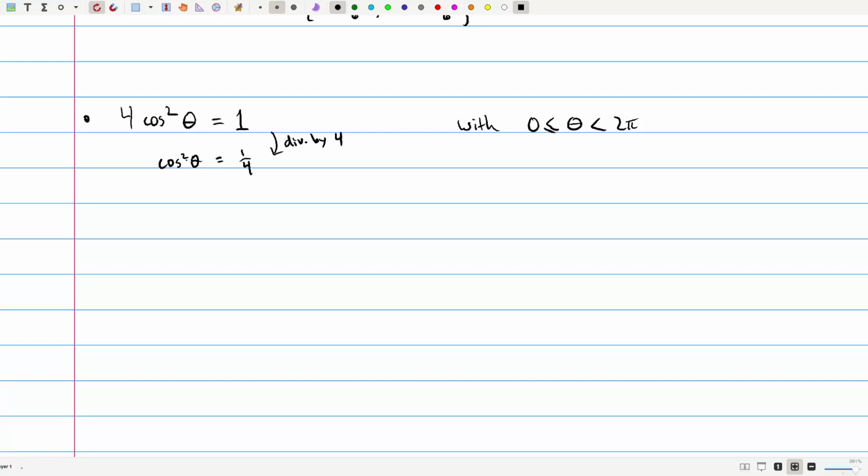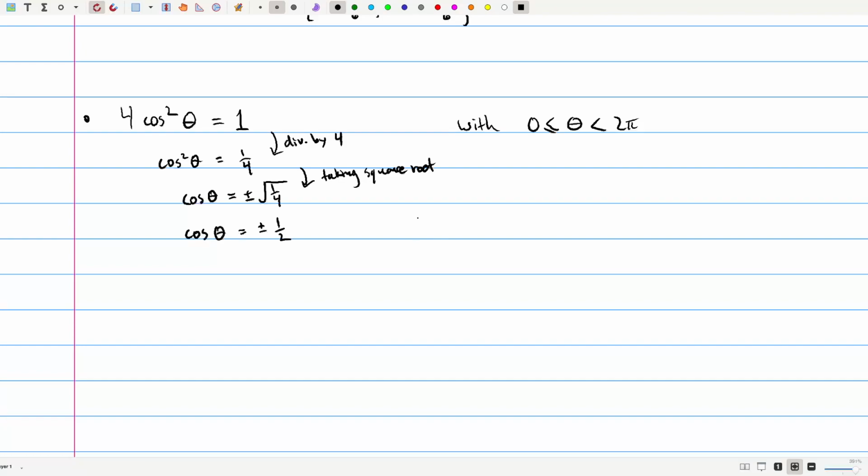And then this is cosine squared, so let's take the square root of both sides. 1/4 is positive, so we can just take the square root, and then don't forget the plus or minus. And that gives us that cosine theta is plus or minus 1/2.